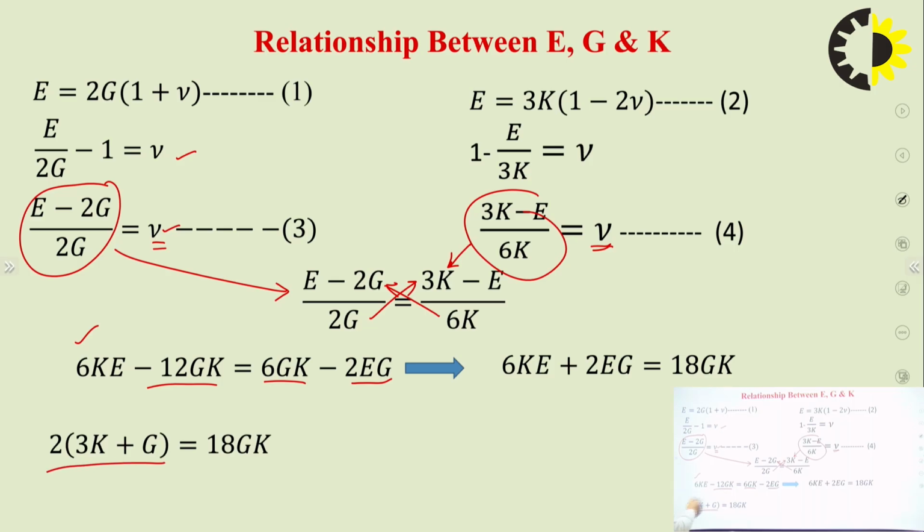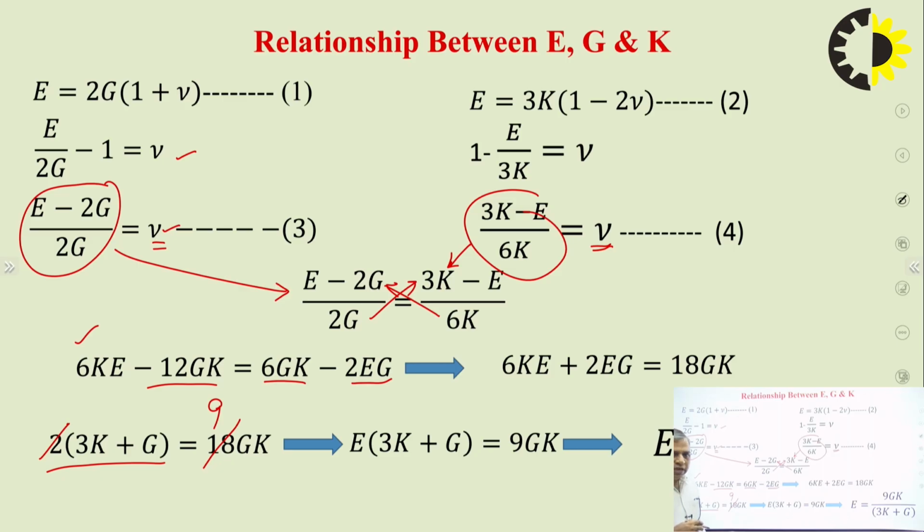Now, dividing by 2, we get E(3K + G) = 9GK in the next step. So, the relationship between E, G and K is E = 9GK/(3K + G). This is our desired relation. We can use it anywhere for the same material.